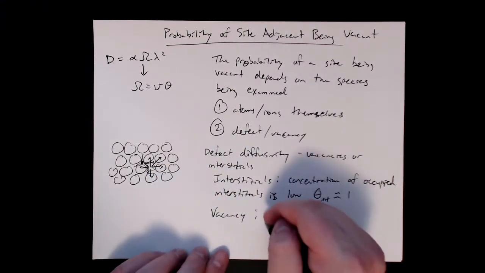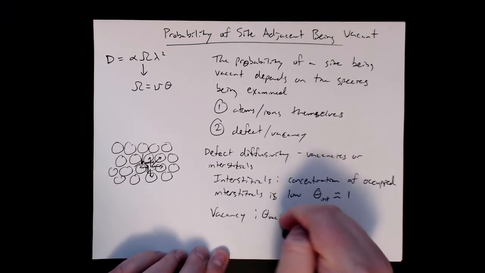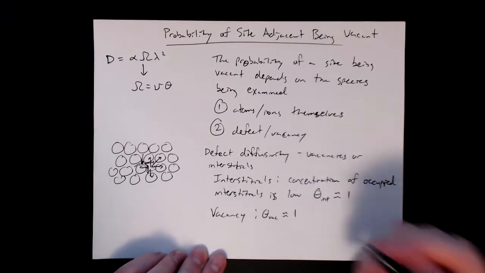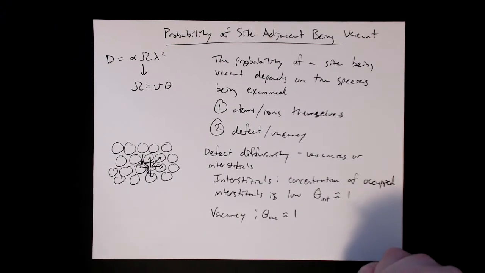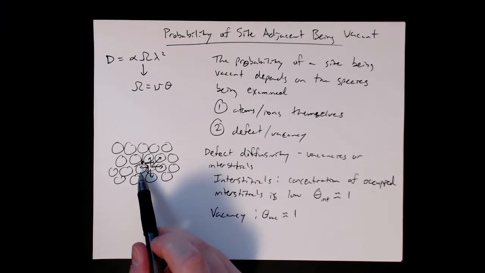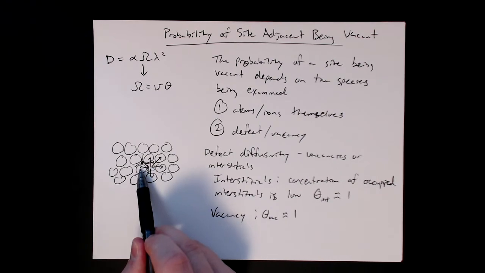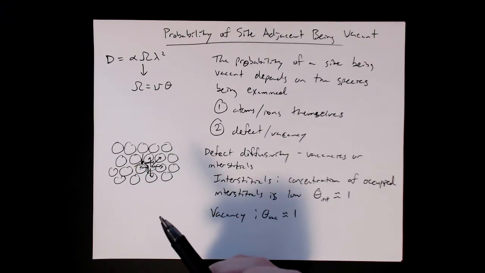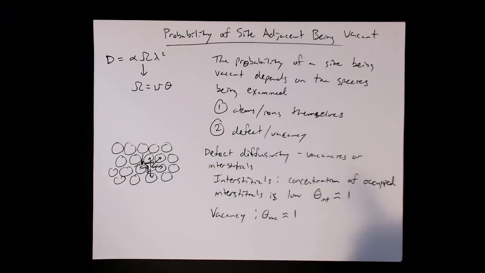So the probability here is also close to 1, because these sites are available, and by available I mean that they're an atom, and that atom can move into the vacancy, and the vacancy can move into its position. So it is also close to 1.